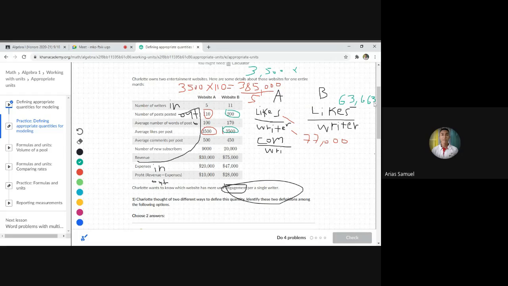Wait, but why do you divide 3,500 by the number of writers? Because we're doing likes per writer, per one writer. My question is because it says likes per post. Remember, we multiply 3,500 times 200 and then divide by 11.